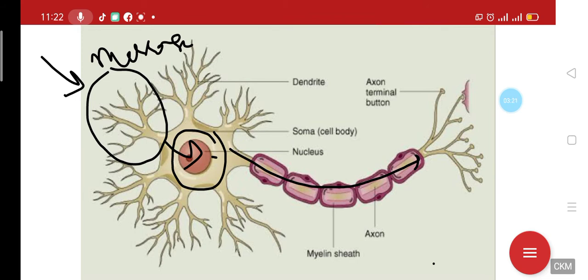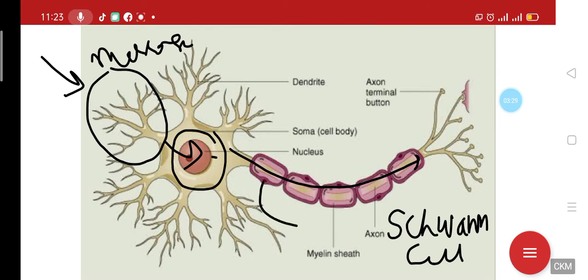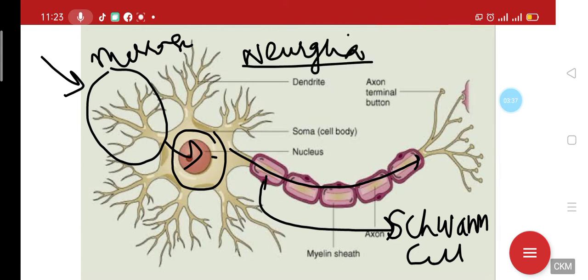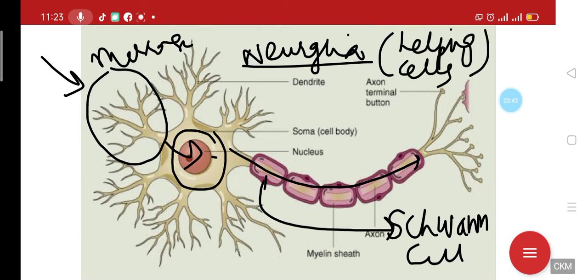Basically, on the axon there are the Schwann cells. The Schwann cells are neuroglia cells. The neuroglia cells, as I told you before, are the helping cells of the neuron.